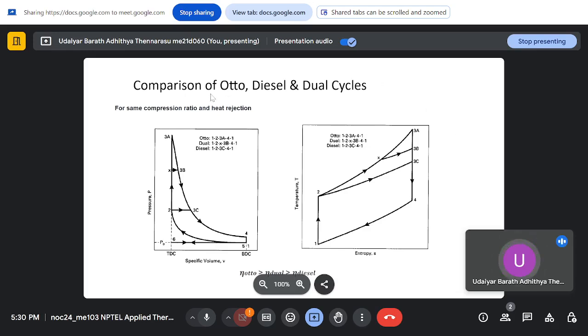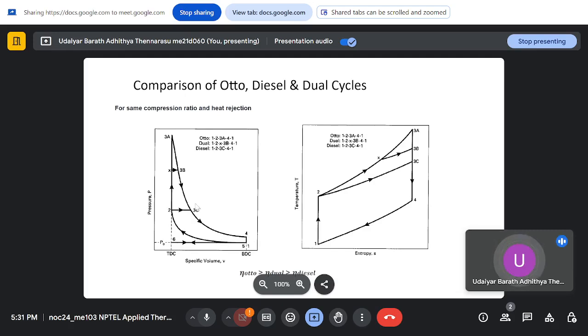Then you have a comparison of Otto, diesel and dual cycle. So when you have same compression ratio and heat rejection, this is how the process looks like. So 1 to 2, your compression ratio is same, and your heat rejection is same.